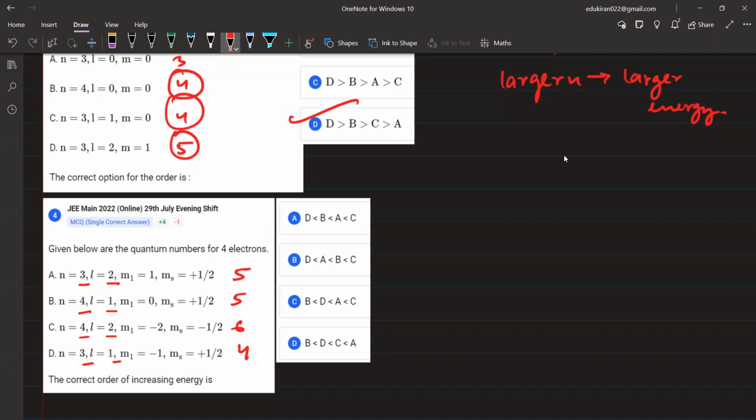D का सबसे कम है, उसके बाद किसका है. A, right, after D. 4, 5 और 5 यहाँ पे है, 3 और 4 में से किसका कम है, A का कम है. Right, A option will be correct. Yes or no? Yes, sir.